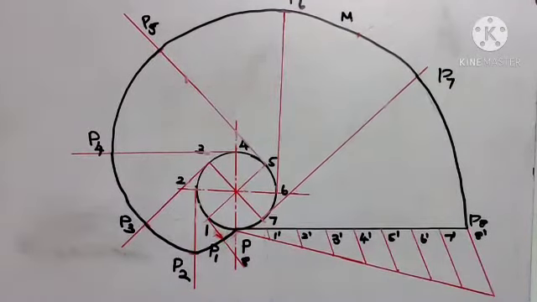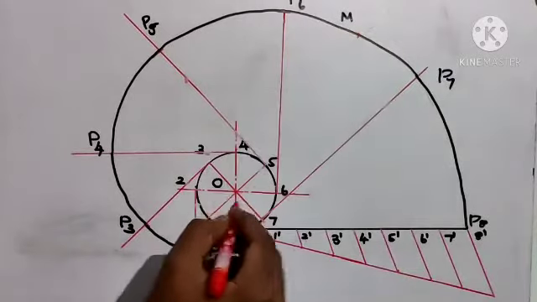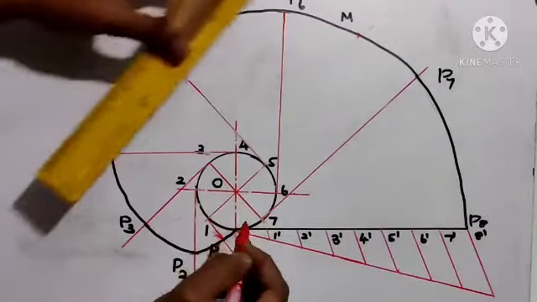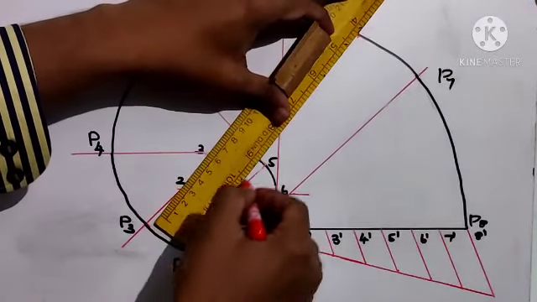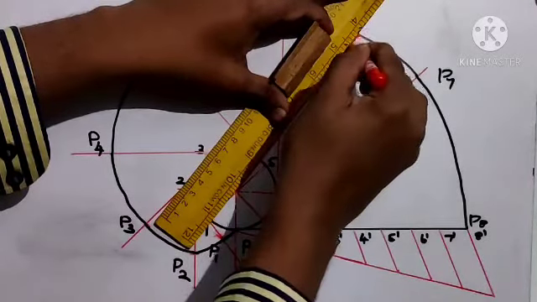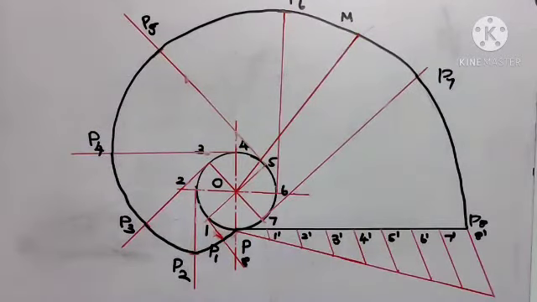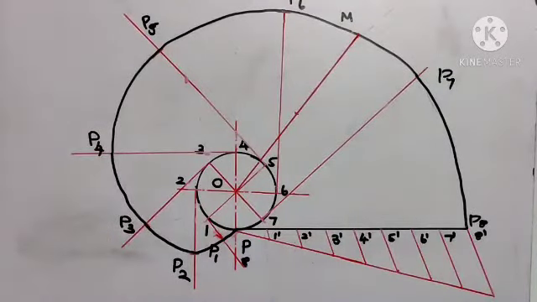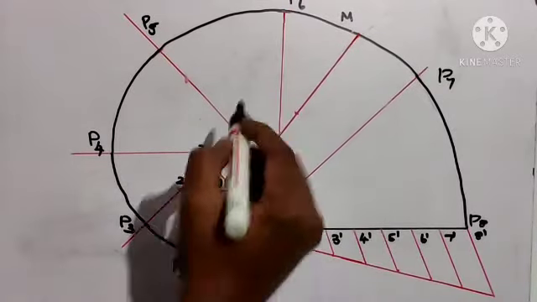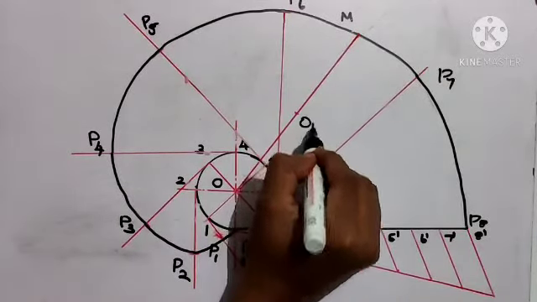What you need to do is connect the point M to the center of the circle, that is O. You will get something like this. Then you need to find the midpoint of this OM line. I have found the midpoint of that OM line. Let's name this O dash.